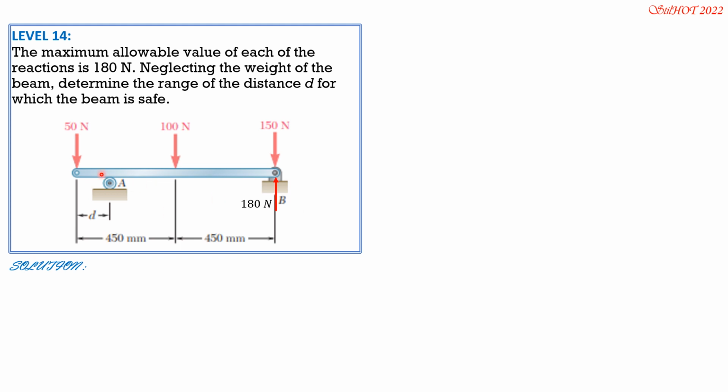So if d is minimum, the 50 newton load is close to A. So we set MA equals 0 because although we can find RA, we don't need to find RA as long as it is less than 180. It is 120 specifically.